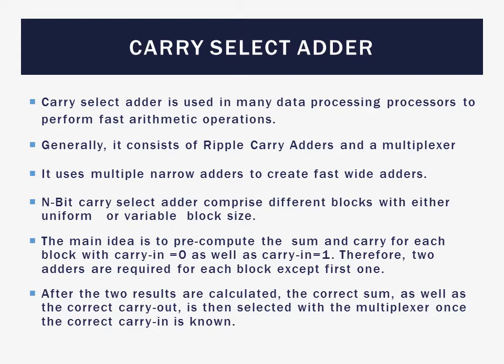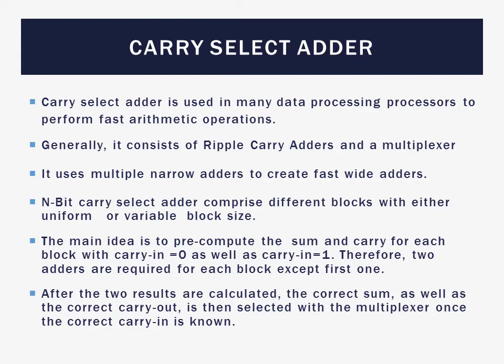Now, the n-bit carry select adder comprises different blocks which may be either of the uniform size or the variable block size. We have already seen in the case of the ripple carry adder, the carry propagates through all the blocks and each block needs to wait for the carry to come in to compute its sum for the input operands.